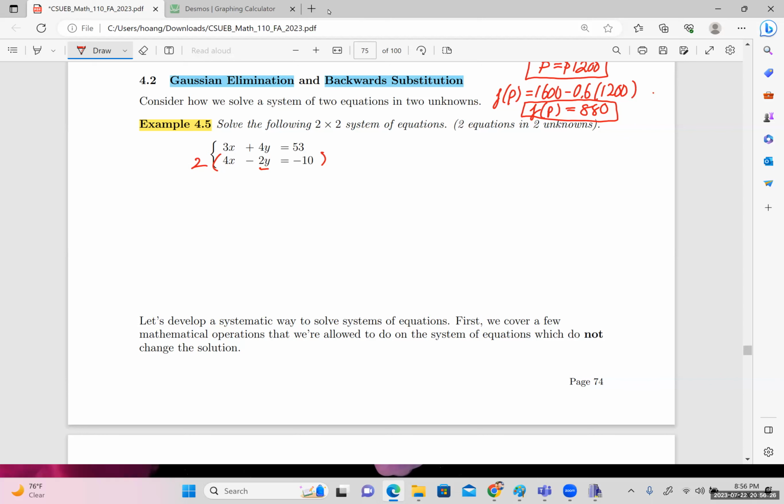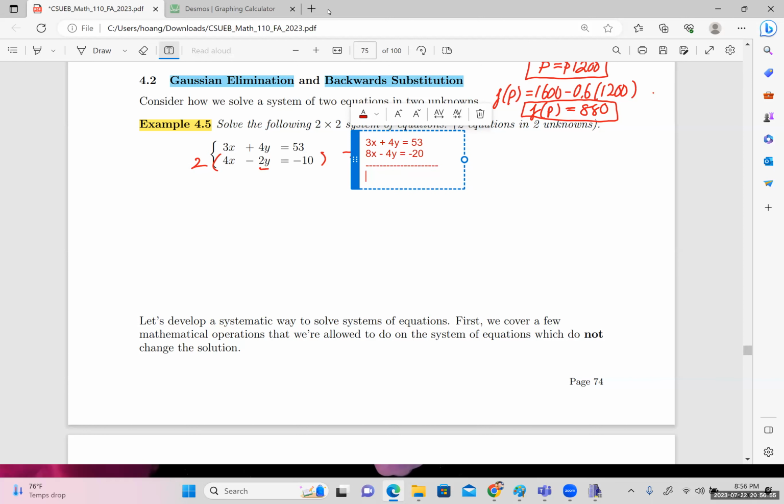I will have, let me type in here. The first one is not changed: 3x plus 4y equal to 53. But the second one will be 8x minus 4y equal to negative 20. And now we're just going to add those together.